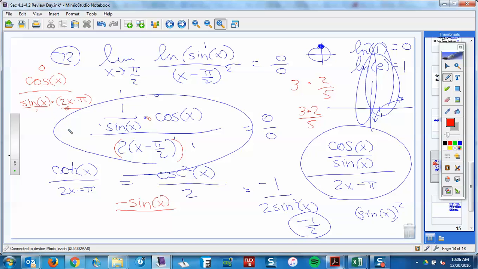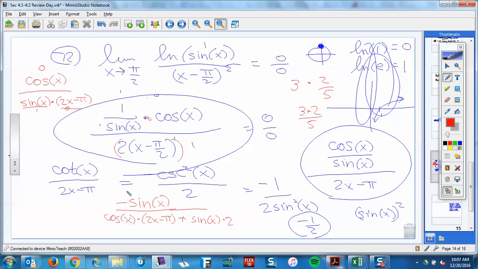So yes, there's nothing wrong with doing that. But you've got to do the derivative right. So the derivative of sine is cosine times the 2x minus pi left alone, plus sine left alone times the derivative of 2x minus pi, which is 2.